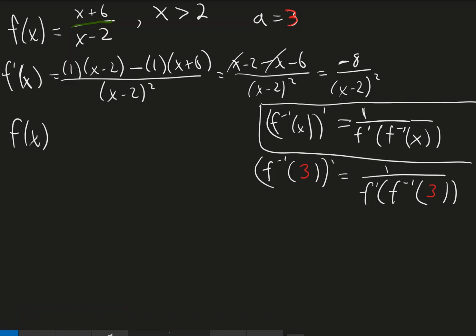Instead, a better strategy is to think about how a function and its inverse relate to each other. I'm trying to figure out the inverse function when x is 3, but if inverse just means you're switching x and y, the point that corresponds to x being 3 on the inverse is the same as the point that corresponds to f of x when y is 3. So I ask myself, when is y equal to 3, for what x value?